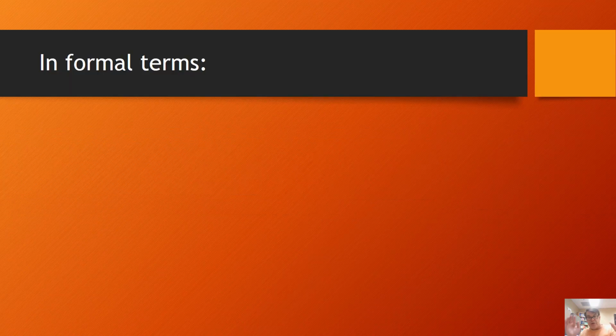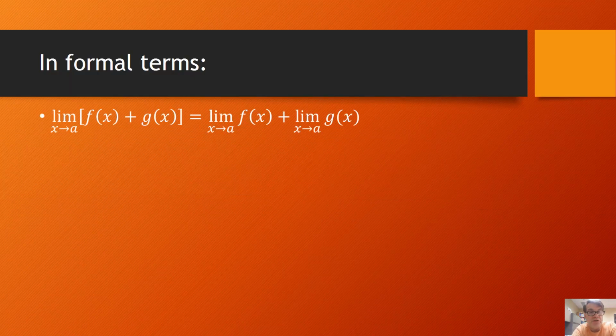Well, in formal terms, let's say that you're taking the limit of two functions that are added together: the limit of f of x plus g of x, as x approaches a.